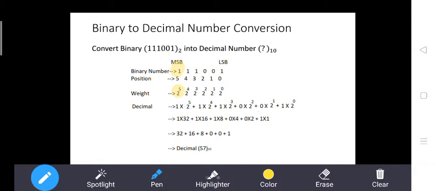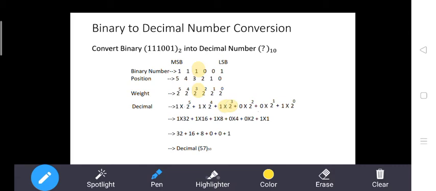Then the decimal number is nothing but the binary digit multiplied by its weight. So 1 multiplied by its weight 2 raised to 5. The first part is 1 into 2 raised to 5, plus 1 into 2 raised to 4, plus 1 into 2 raised to 3.